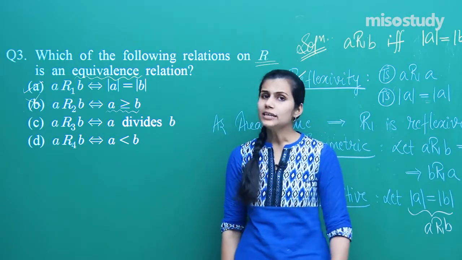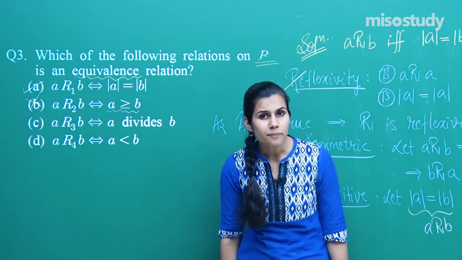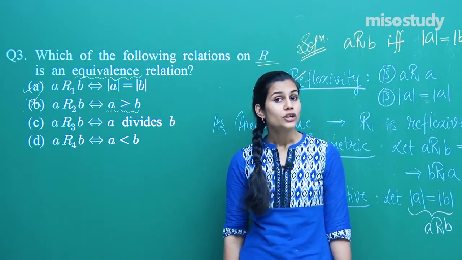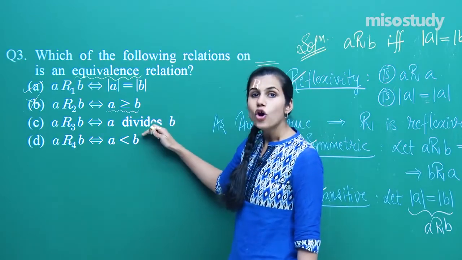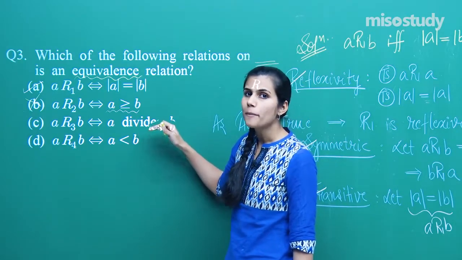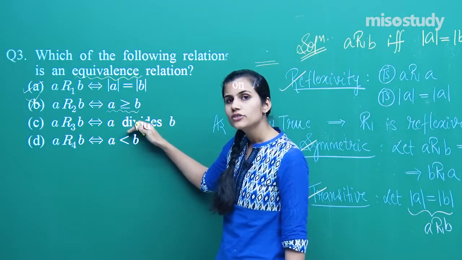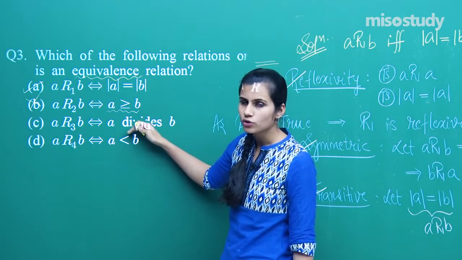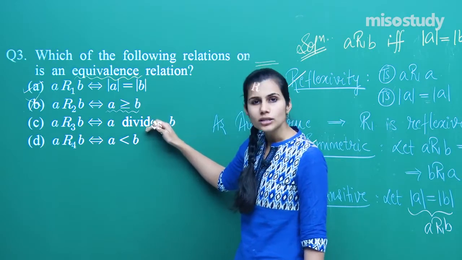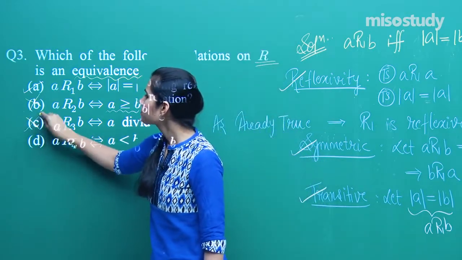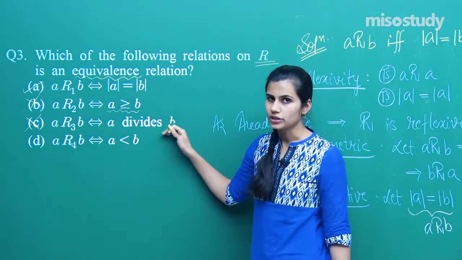So, 2 completely divides 4. But does this imply 4 divides 2? Not at all. And that is why 2, 4 belongs to R3, but 4, 2 does not belong to R3. So, just like the previous case, R3 is also not symmetric and therefore not an equivalence relation.